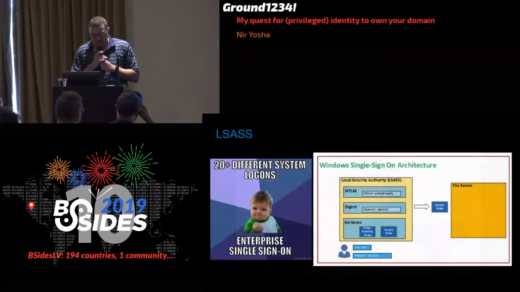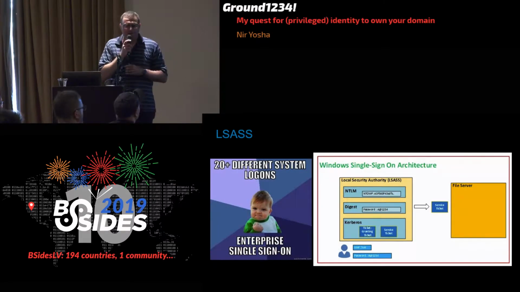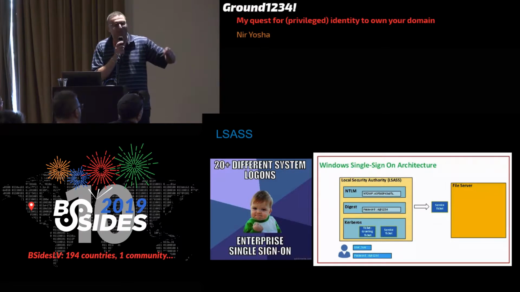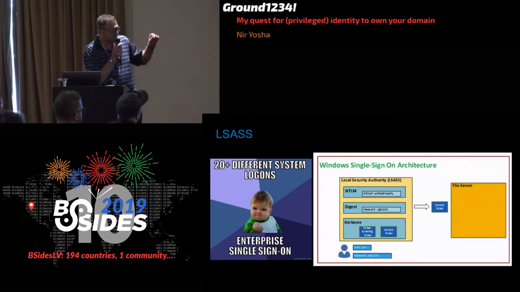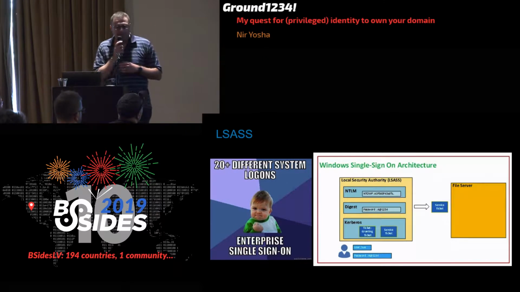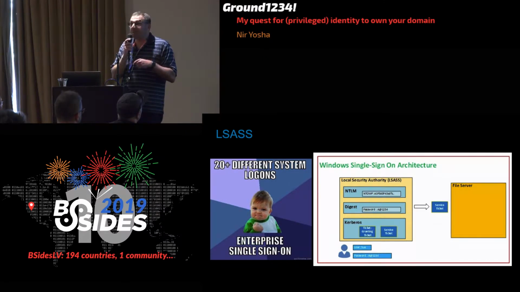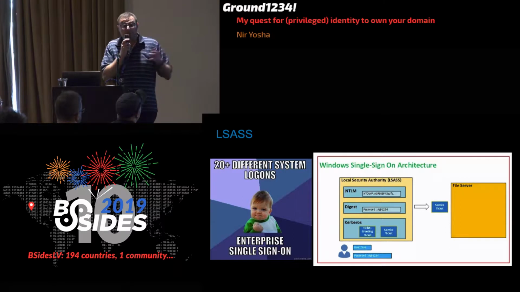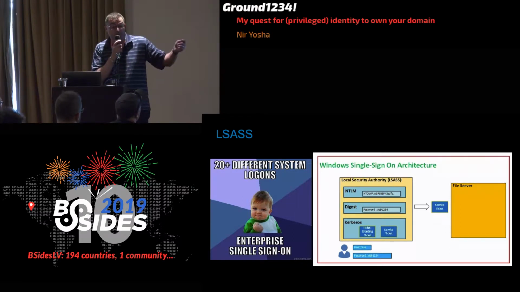LSASS, you've probably heard of, is that process that is still today running on Windows 7 and down in kernel memory and can be dumped. Now, the LSASS keeps the credentials of not only the current users, but all the users that logged into the endpoint since the last reboot.